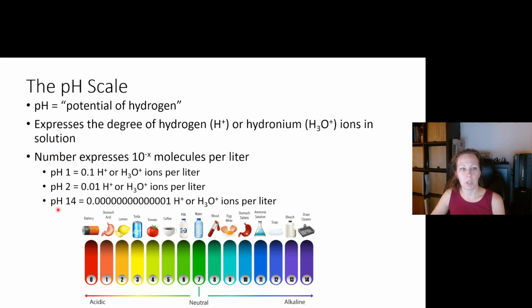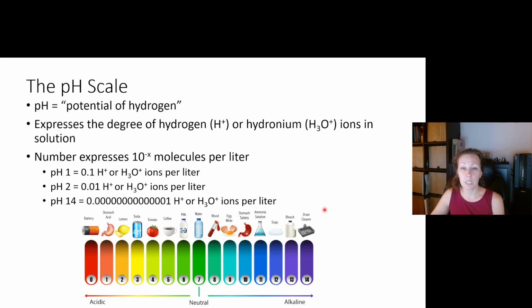Then we go all the way down to pH 14, and this is literally 13 zeros here, and it is whatever that is in, I don't know, billionths or whatever, hydrogen or hydronium ions per liter. Conversely, if you are measuring pH, there's also a measurement called pOH, which is the potential of hydroxide, and it's kind of the inverse of pH, and the concentration of the hydroxide ion increases.